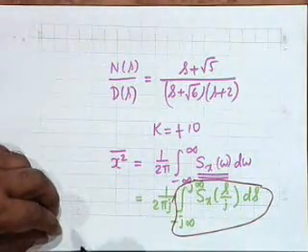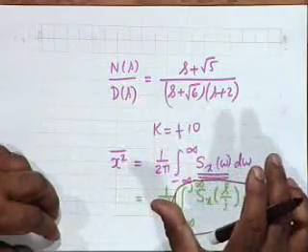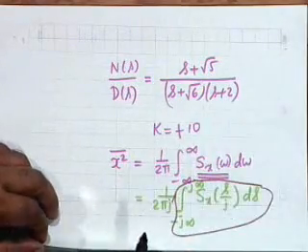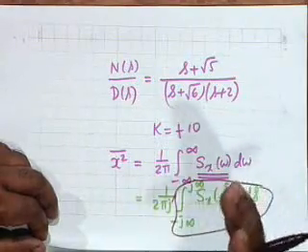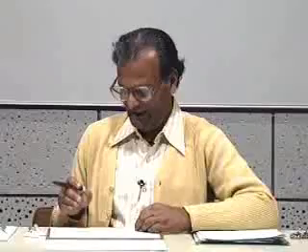Between plus j infinity and minus j infinity, what we can do is draw a semicircle of radius infinity in the right half plane, and take all the poles in the right half plane, find the residues, that is, apply Cauchy's residue theorem to evaluate this.